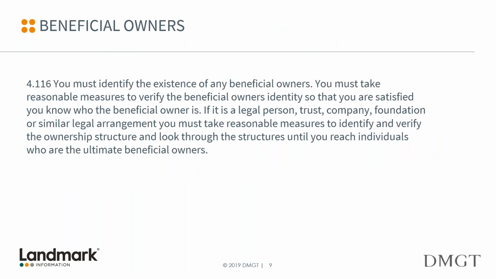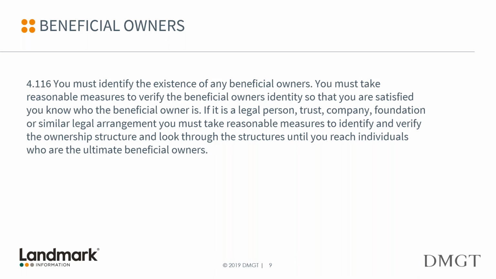Beneficial owners. So attention again is paid to identifying beneficial owners in the updated regulations, and it does offer further clarification on the different types of beneficial owners, such as when dealing with partnerships, joint interests, and corporate bodies, and so on. It says in the regulations that you must identify the existence of any beneficial owners.